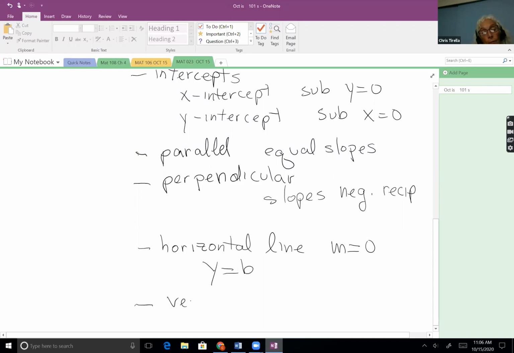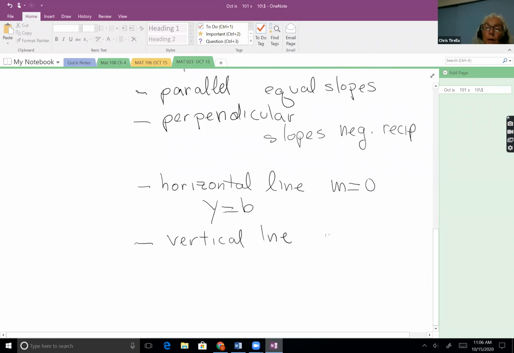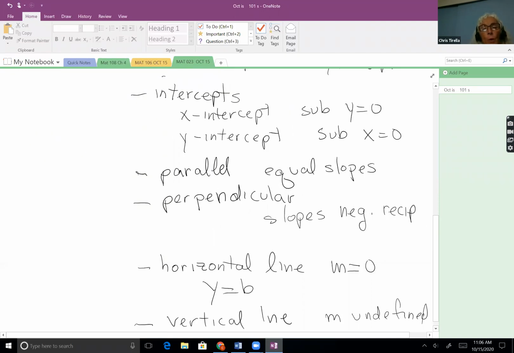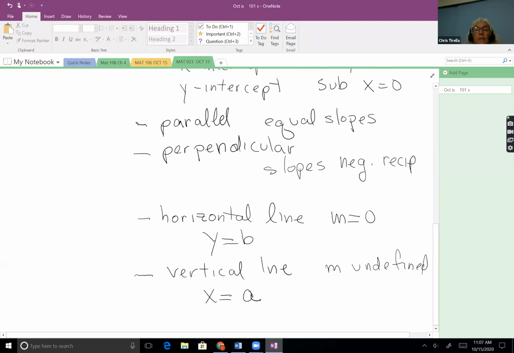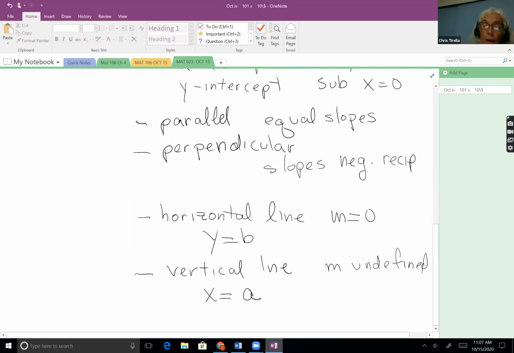And if we have a vertical line, the slope is undefined. And the equation is x equals a number. I think that's pretty much, if you want a one-page synopsis of the chapter. To the best of my memory, that would be it.